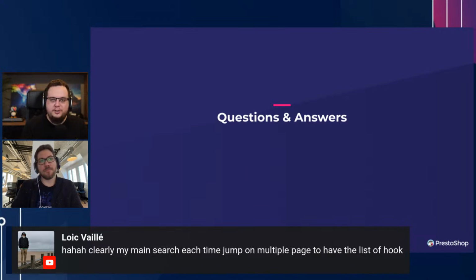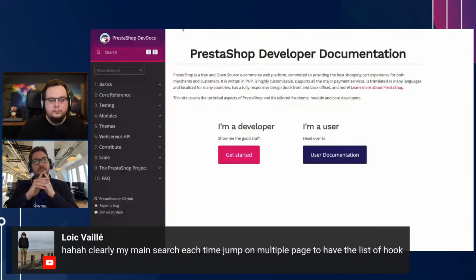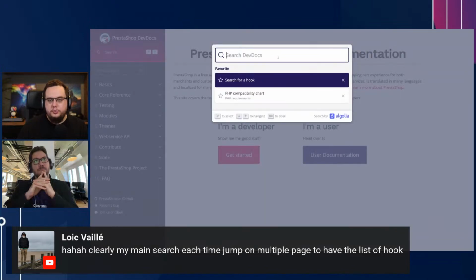Yeah, jumping on multiple pages to find the list of hooks, it was really annoying. I will show you one tip on how to improve your experience with the developer documentation. So I will share my screen. If you use the search in the developer documentation a lot, there's a feature in Algolia that allows you to add certain search results to favorites.